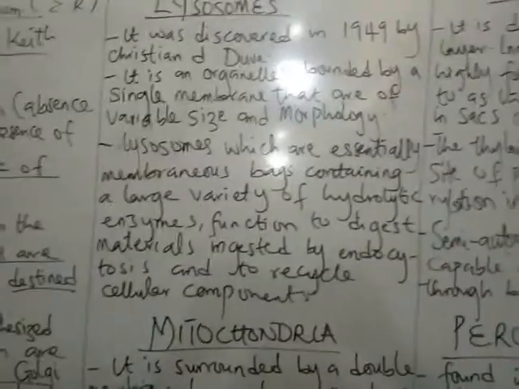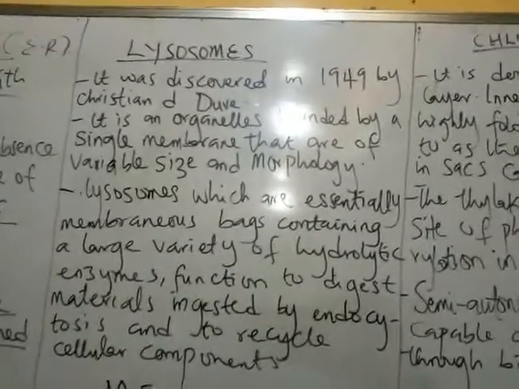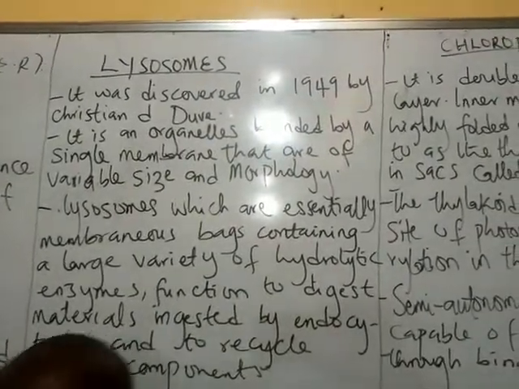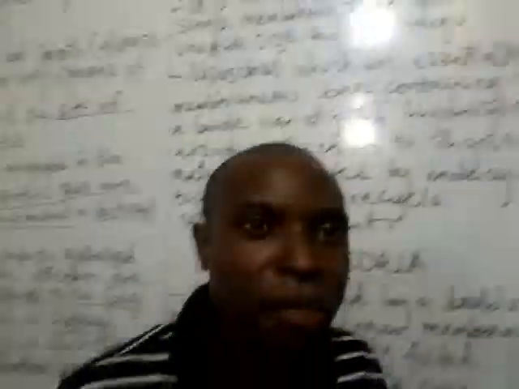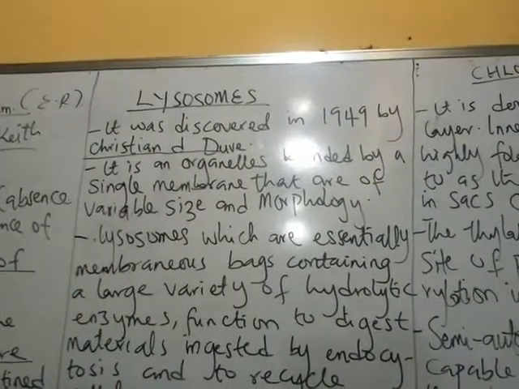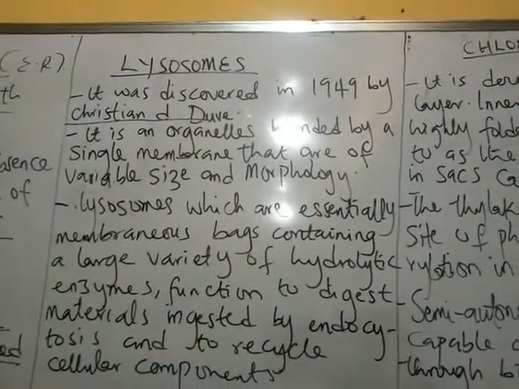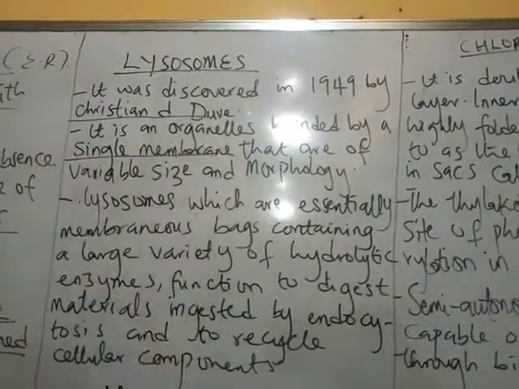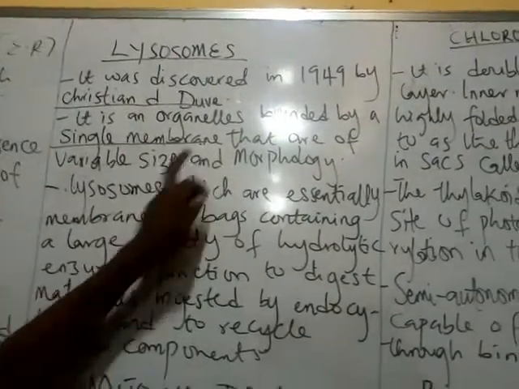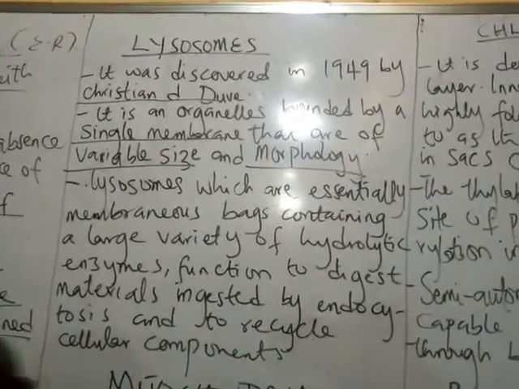Now, next in our organelles is the lysosome. The lysosome was first discovered in the year 1949 by Christian de Duve. It is an organelle that is bounded by a single membrane. Take note, a single membrane, of variable size and morphology.